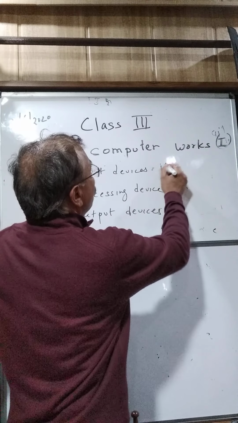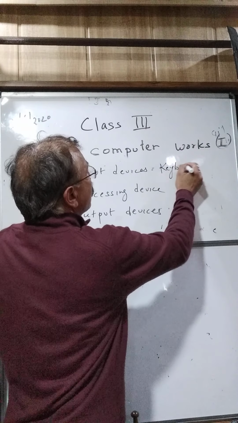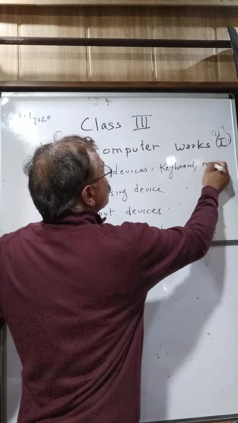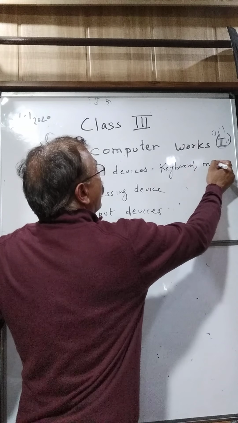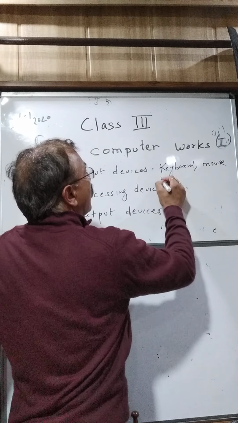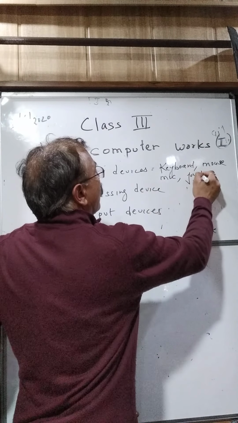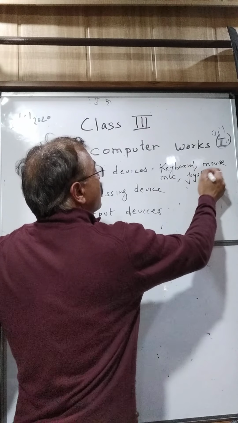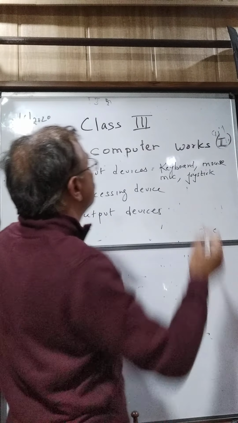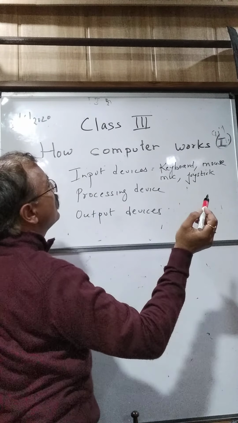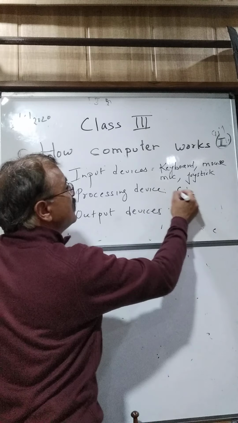So keyboard, mouse, mic, joystick. You play video games, you use a joystick. So these are all input devices. Now the processing device is the CPU.